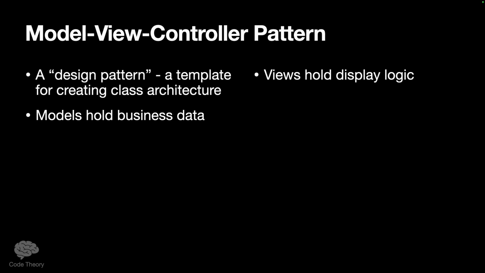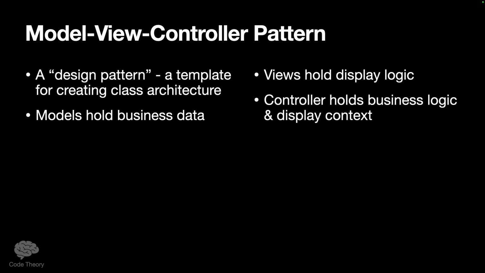Color is its own nasty mess, and we're not going to get into color. But basically, views handle all of that because there's a lot that goes into how do you render to a screen. So we have the business data being stored in our models, we have the views handling how to draw stuff to the screen, and lastly, we need something that combines those two things together in a holistic way.